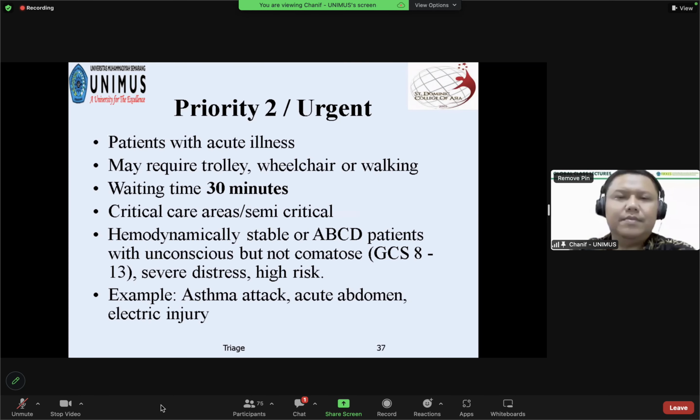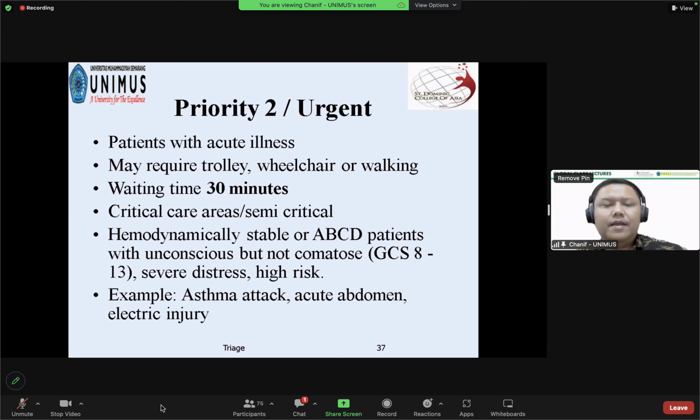Okay, priority two, the patient is urgent. A patient with acute illness may require a trolley, wheelchair or walking, with waiting time up to 30 minutes. The clinical care area, hemodynamically stable. Patients who are unconscious but not comatose, Glasgow Coma Scale 8 to 13.